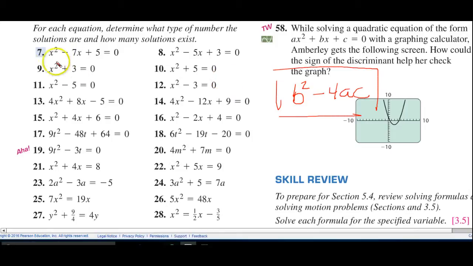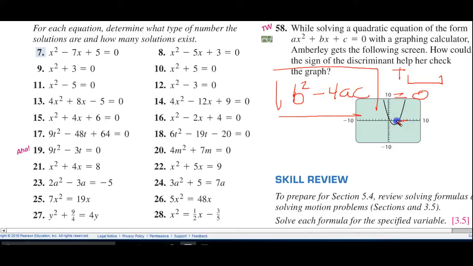Once it's in standard form, it has to be in standard form, identify the b, minus 4ac, identify the a, identify the c, and if this is positive, you're going to get 2 solutions. If this is equal to 0, 1 real solution.